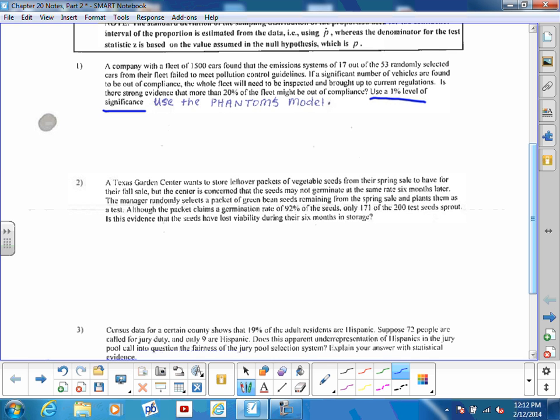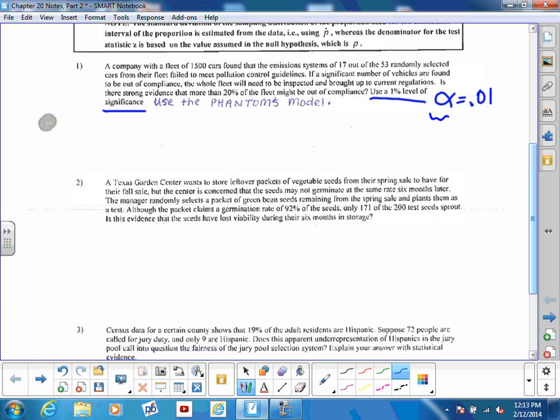Let me explain that real quick before we go on. This means that the alpha you are going to be checking against is 0.01. So if you get a probability of getting your sample or something more extreme that is lower than this alpha, then that's considered statistically significant.